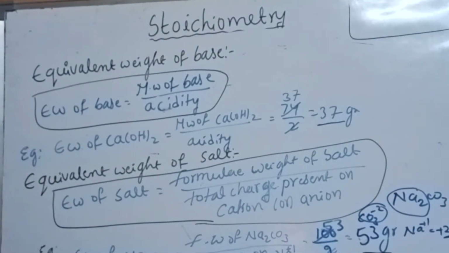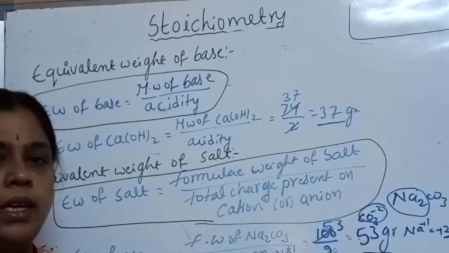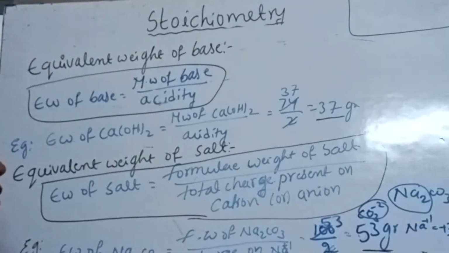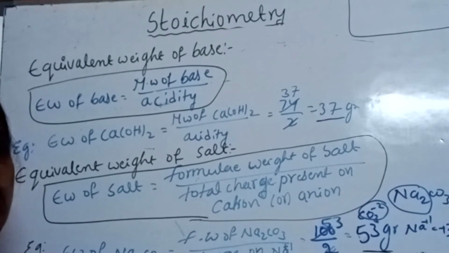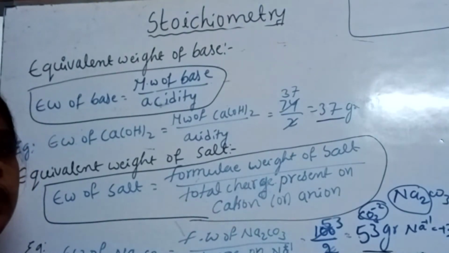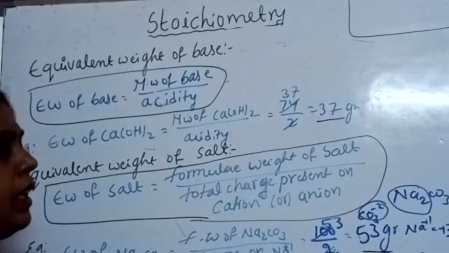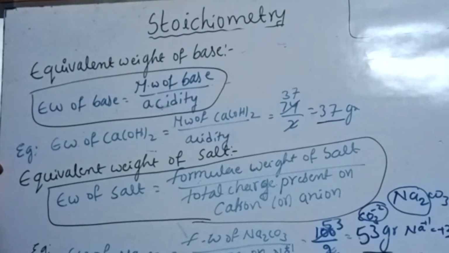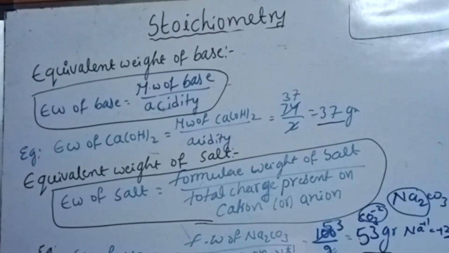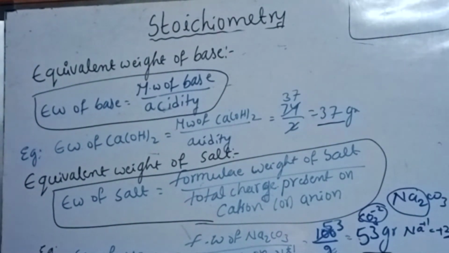So the total charge present on the cation or anion is simply 2. So 106 by 2 gives 53 grams. So 53 grams is the equivalent weight of Na2CO3. So the calculation of equivalent weight of salt is also completed.